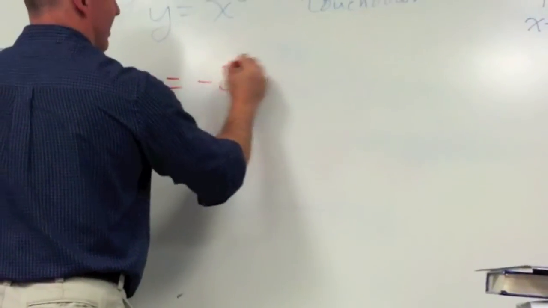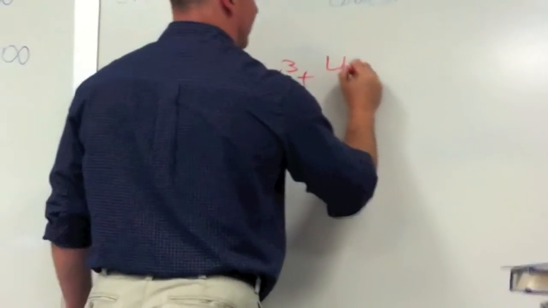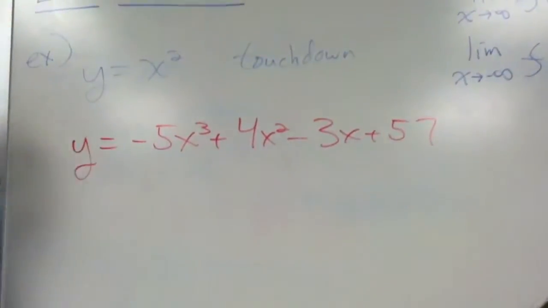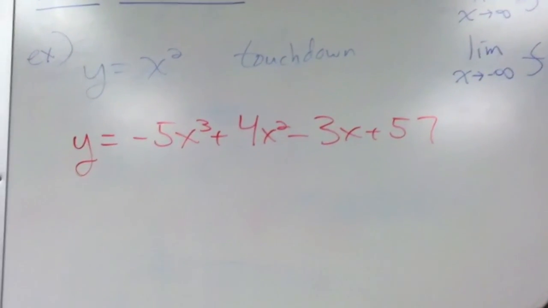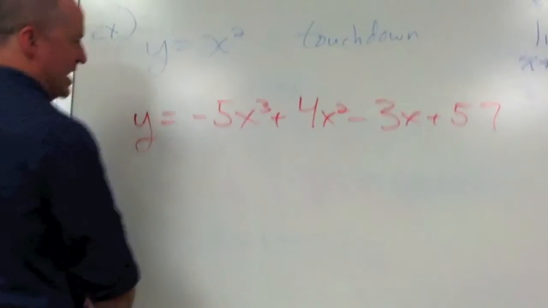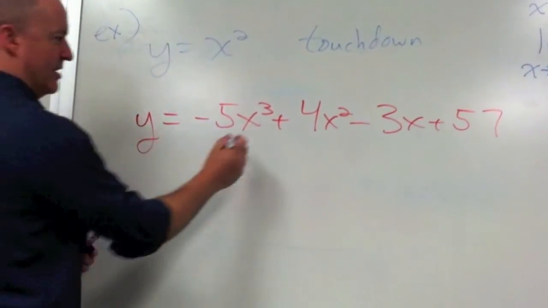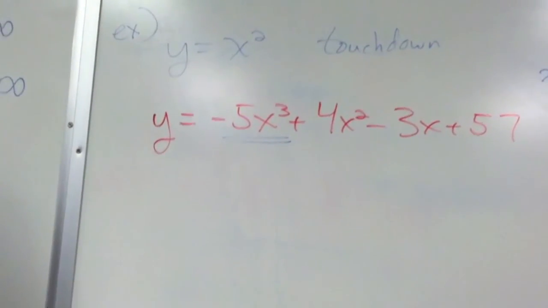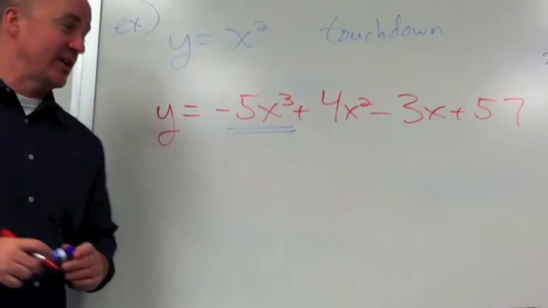Y equals negative 5x cubed plus 4x squared minus 3x plus 57. Reverse ballerina. What did you look at, Janine? Well, it's negative 5, so the A is negative, and then N is odd. And do you care what the other terms are doing? Nope. There's one exception to this. Here's a great trick question.